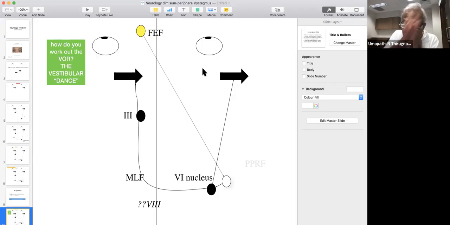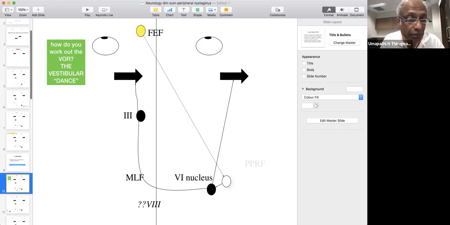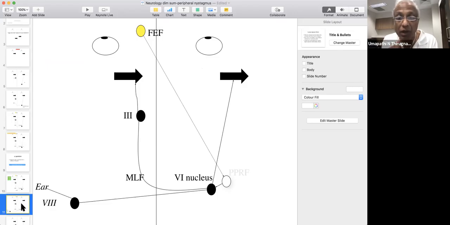Okay, the waves are moving and then they crash on the beach, so there's going to be more turbulence here. So this turbulence will then be sent through the contralateral sixth nucleus to activate the right lateral rectus muscle, okay, and through the medial longitudinal fasciculus for the left medial rectus muscle, okay. So basically this is the vestibular ocular reflex.